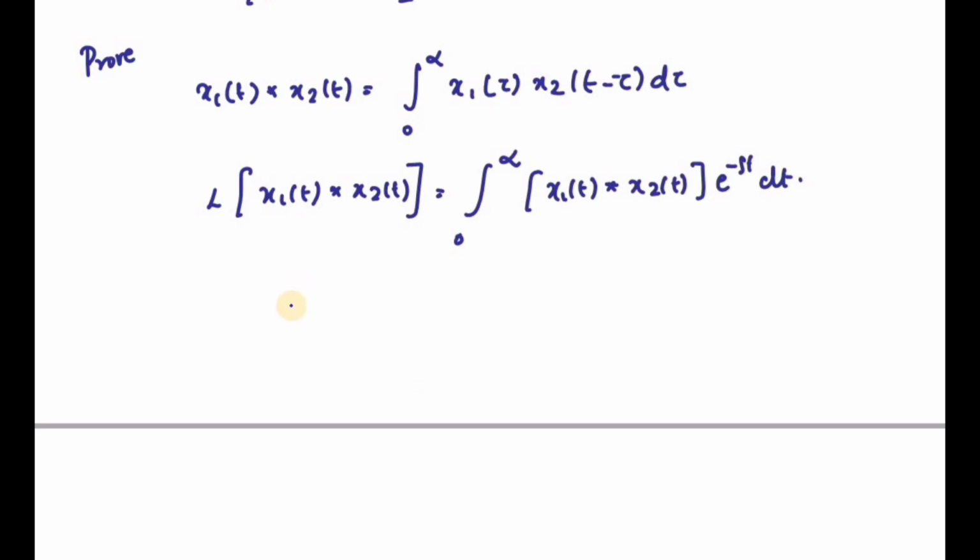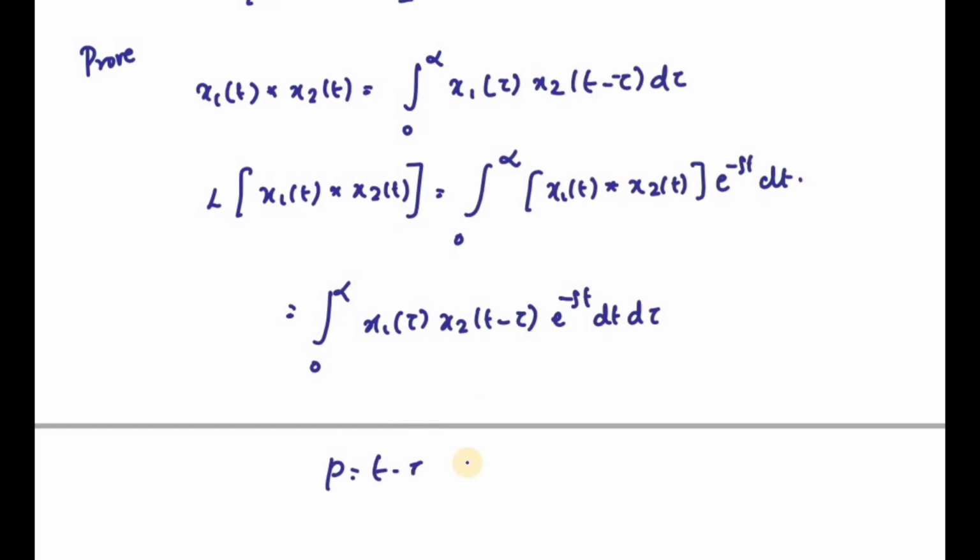So if you substitute, this becomes integral from 0 to infinity x1 of tau, x2 of t minus tau e power minus st dt d tau. Now I'm going to take p is equal to t minus tau.